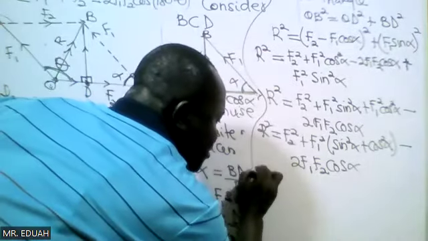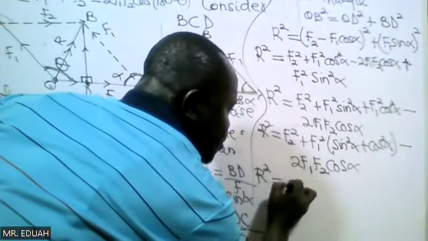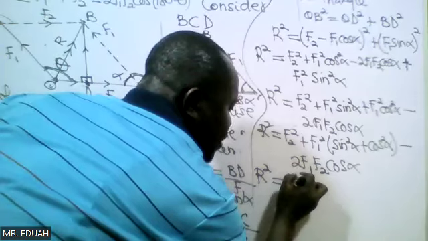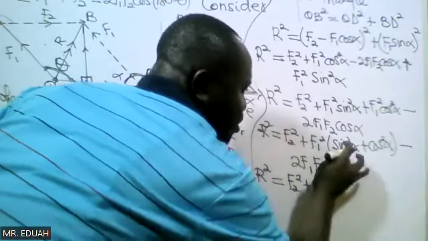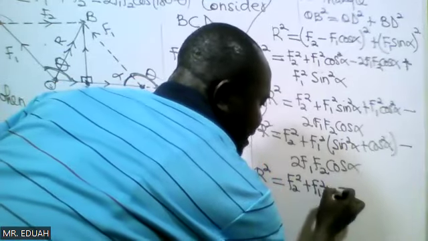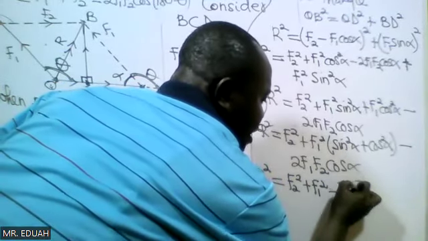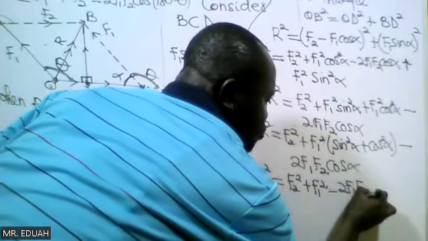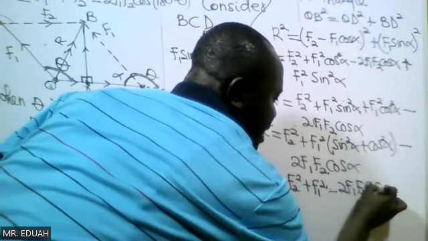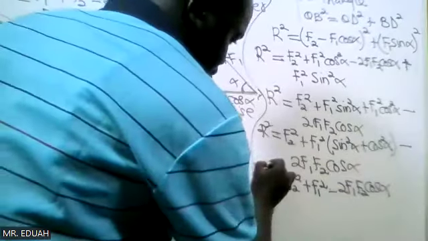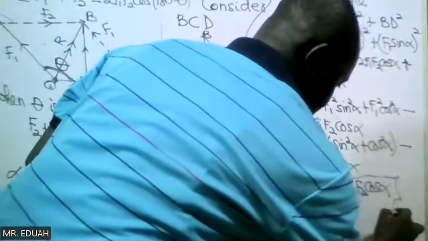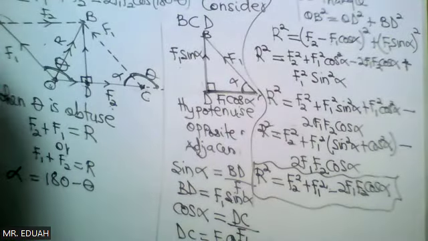So you have R squared equal to F2 squared plus F1 squared, this is 1, minus 2F1 F2 cos alpha. This is the cosine rule.